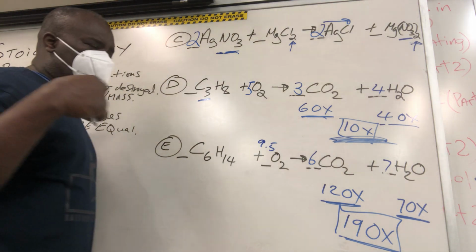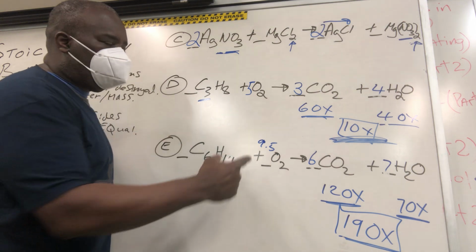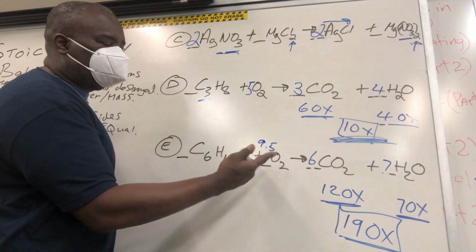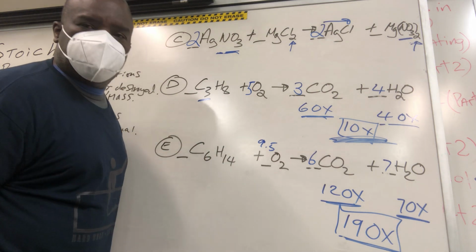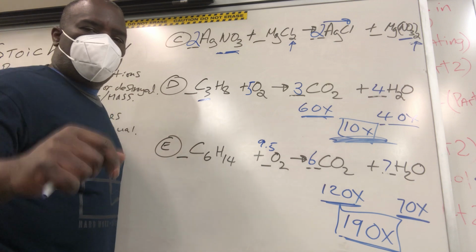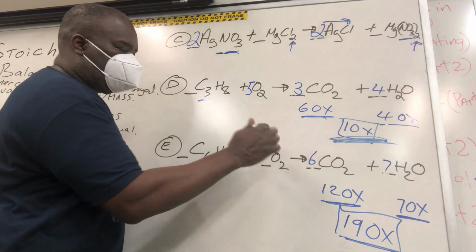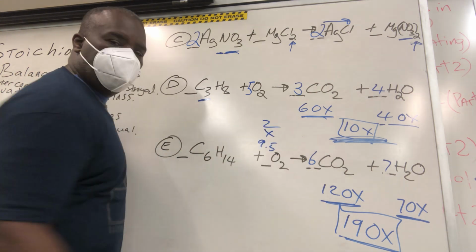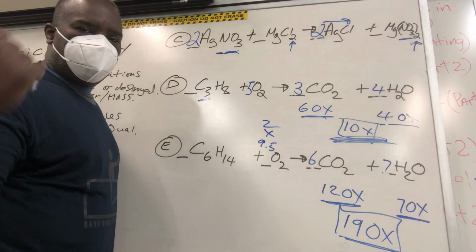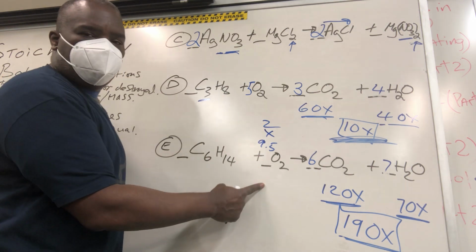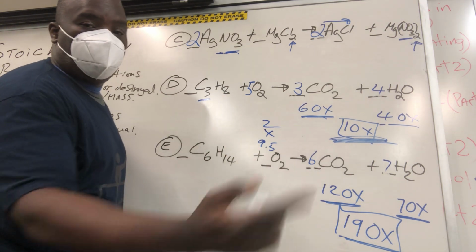But we have to establish a fact, right? Well, we typically don't leave our coefficients as decimals, right, guys? So we don't panic, we're going to multiply this 9.5 by 2. But remember, from math, if you do one thing to one variable, you have to do the same thing to all the variables, right?